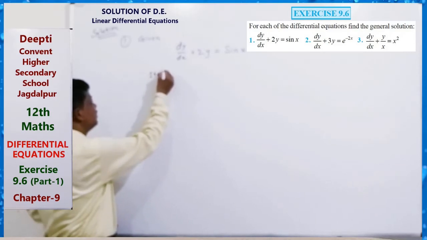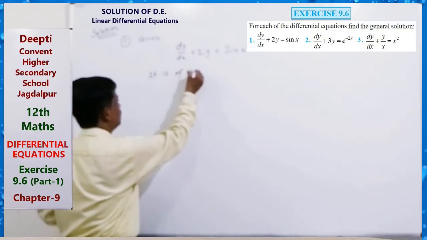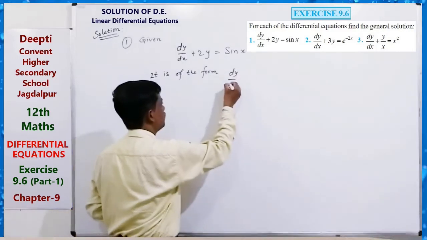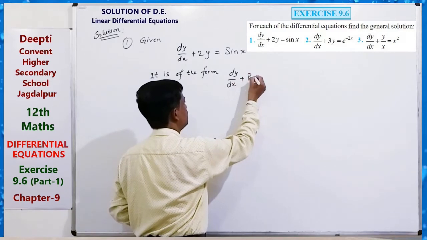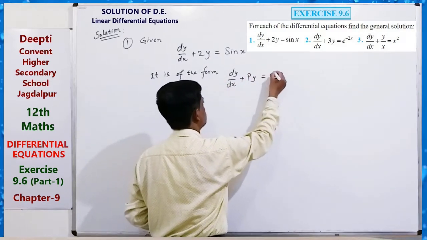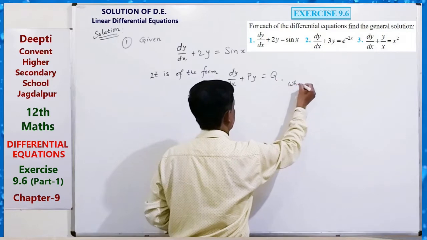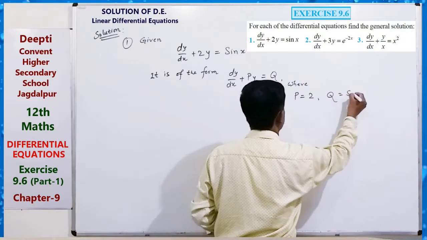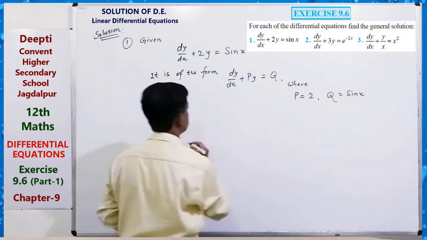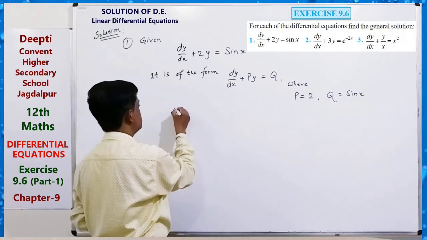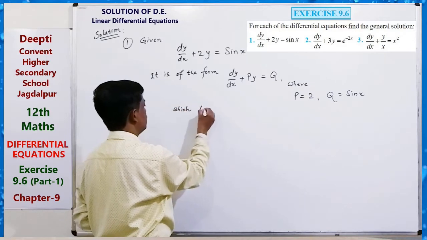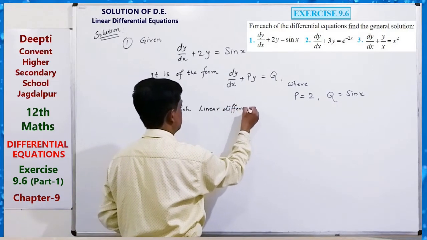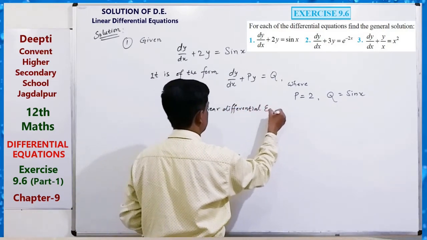It is of the form dy upon dx plus Py equals Q, where P equals 2 and Q equals sin x, which is a linear differential equation.